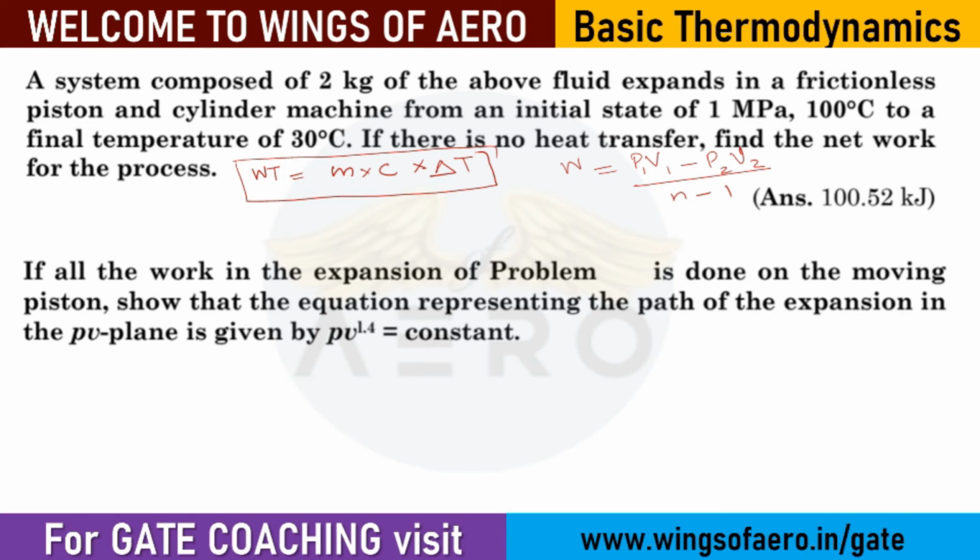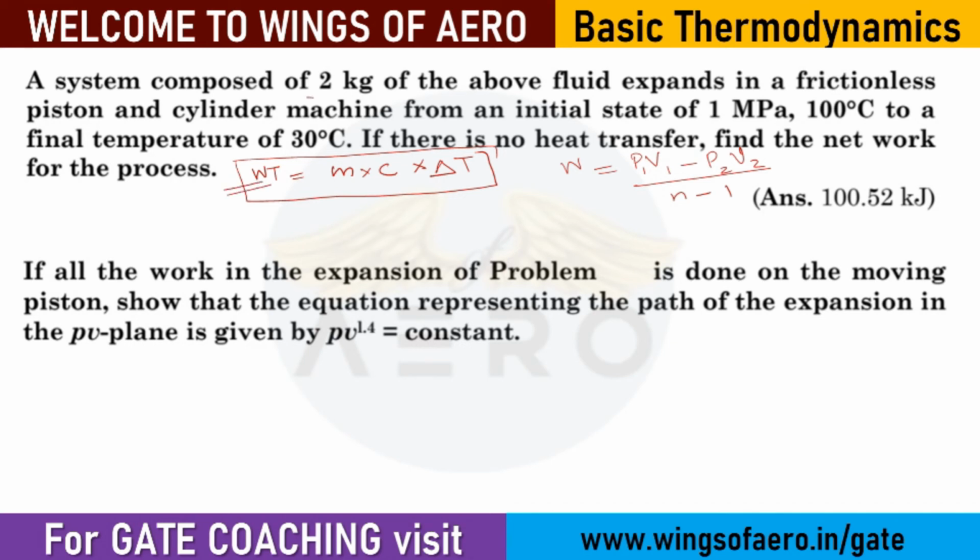Can you follow, guys? Now how can we use this formula? See, in GATE they ask in this way. The questions, they ask in this way. So the basic formula you have to use with that existing formula. Now first you need to equate these two equations. First find out what the work done is.